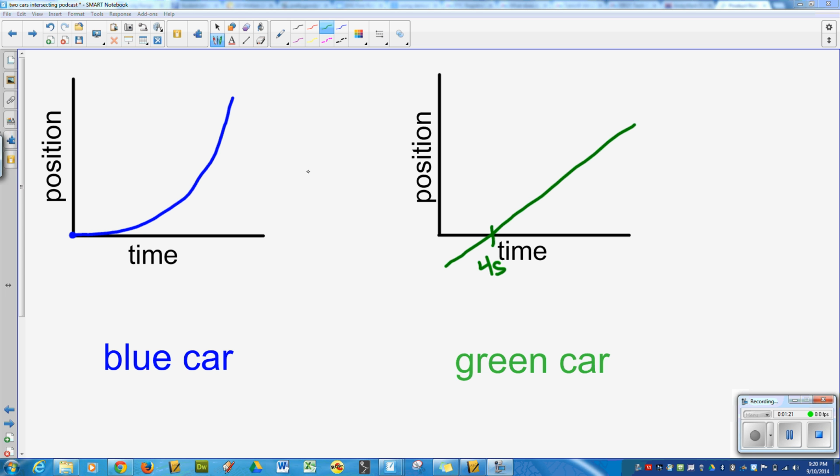So what we want to know is what value of the slope will allow the green car, this diagonal line, to intersect the parabola, and what the minimum condition for that to occur is.